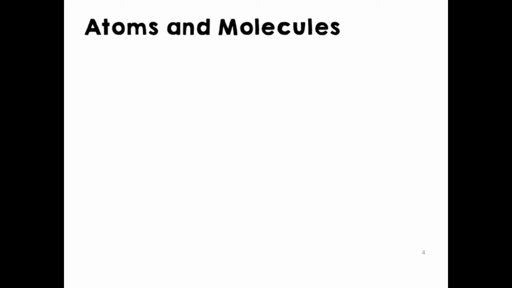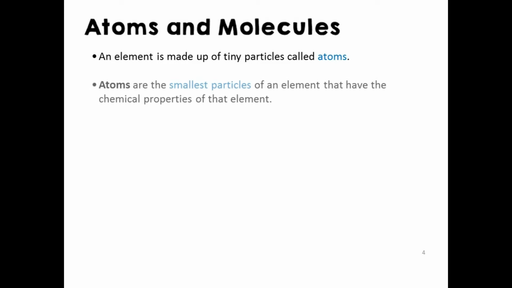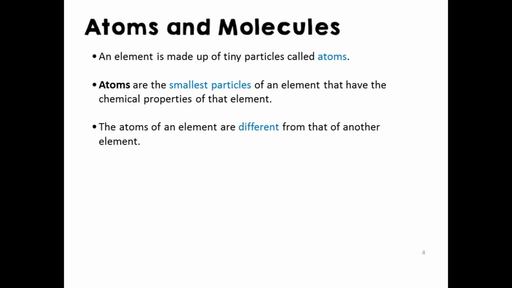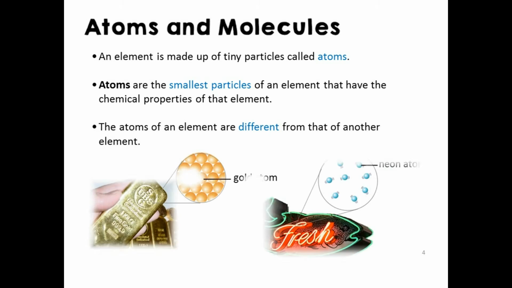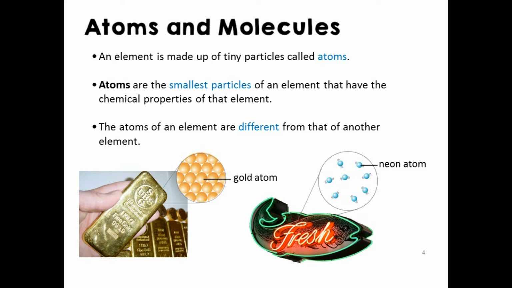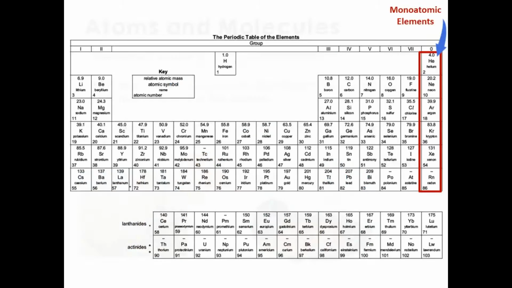For the next section, let us find out more about atoms and molecules. An element is made up of tiny particles called atoms. Atoms are the smallest particles of an element that have the chemical properties of that element. The atoms of an element are different from that of another element.